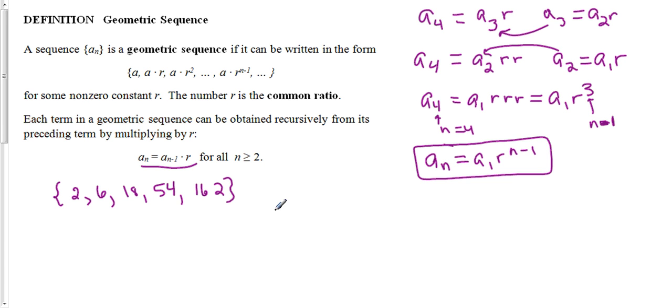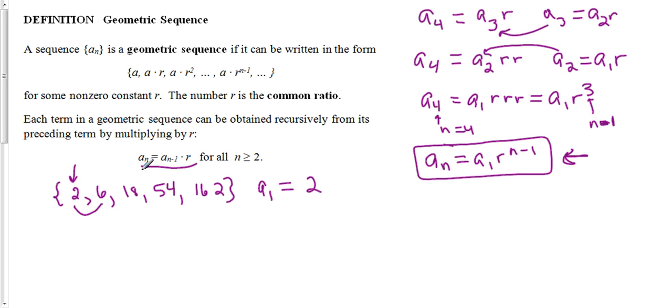To do that, using my formula up here, I need to know a_1 and I need to know r. What is a_1 equal to? It's the first term in my sequence, so it's 2. Now we need to find the common ratio, r. To do that, we need to compare 2 terms, so we might as well compare the first 2 terms.